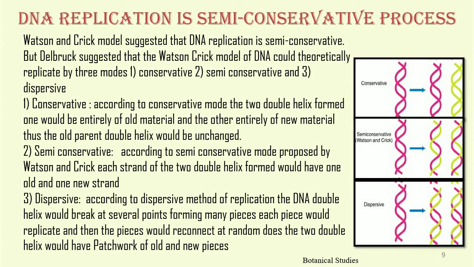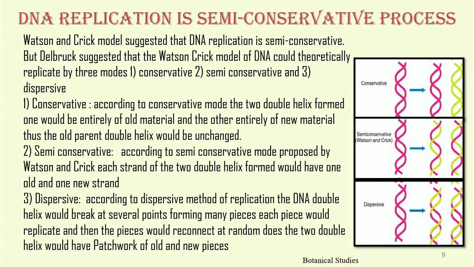Conservative. According to the conservative mode, of the two DNA helices formed, one would be entirely of old material and the other entirely of new material. Thus, the old parent double helix would be unchanged. Semi-conservative. According to the semi-conservative mode proposed by Watson and Crick, each of the two double helices formed would have one old and one new strand.